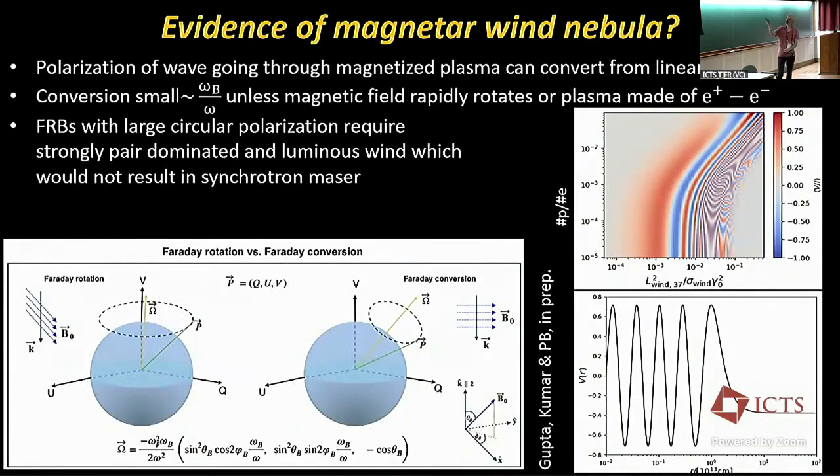And you see that even when the number of protons is 10 to the minus 2 or 10 to the minus 1, it's already going to significantly open up this region where you have no circular polarization. Thank you.